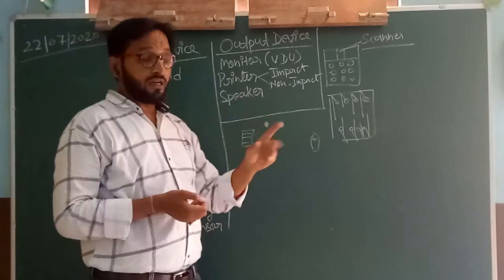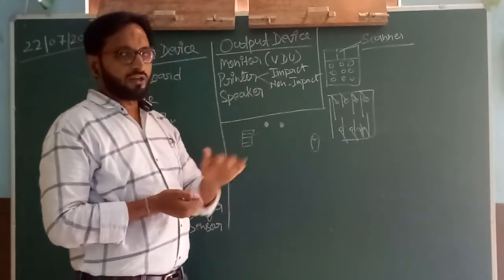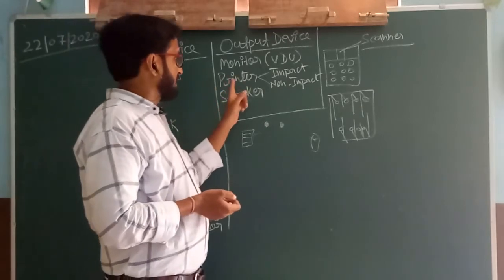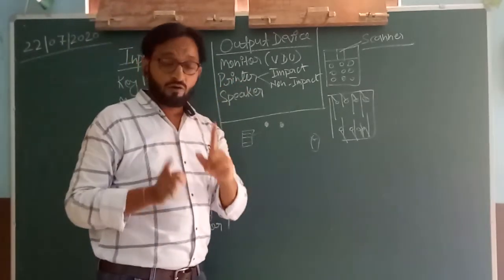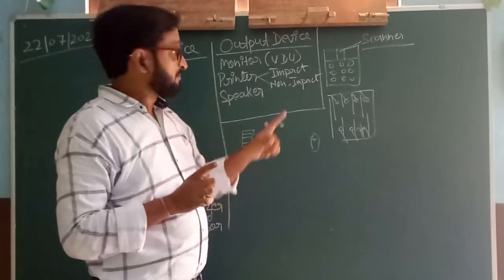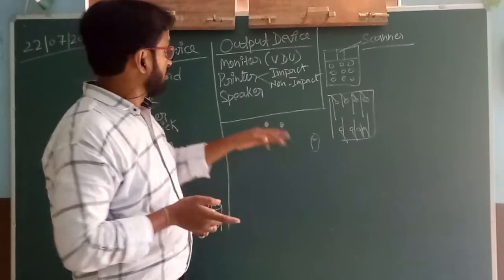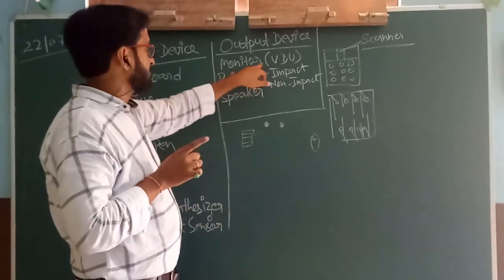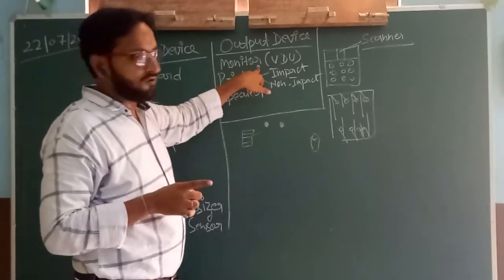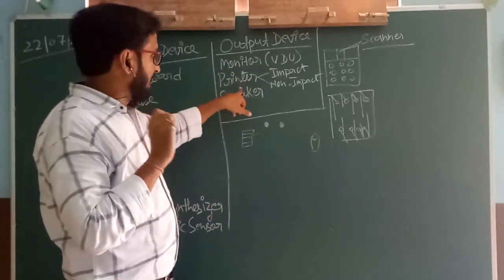And the last important thing: the output that we get with the help of a printer is called hard copy output. Recently I told you the output from the monitor is called soft copy output, and the output from the printer is called hard copy output.